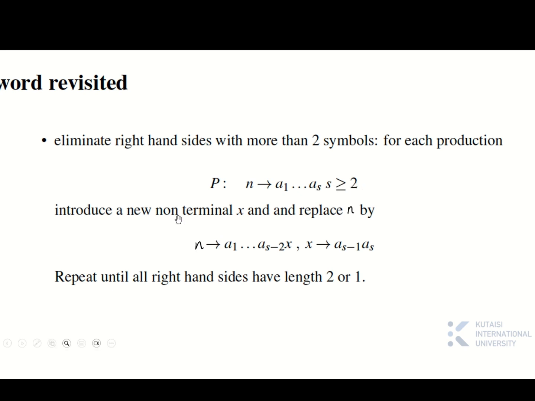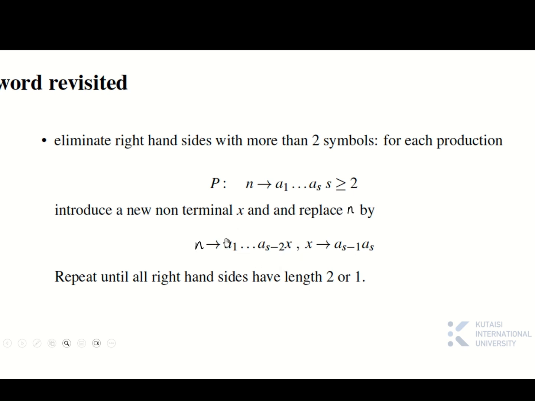It's very easy. I will create a new non-terminal named X, and I will replace N's right side: before I had this, now I go up to A(S minus 2), and these last 2 letters are replaced by X, and now I introduce a new rule that X implies A(S minus 1) AS. So I erased the last 2 letters here, and I created a new rule, X implies these last 2 letters, and I wrote X here.